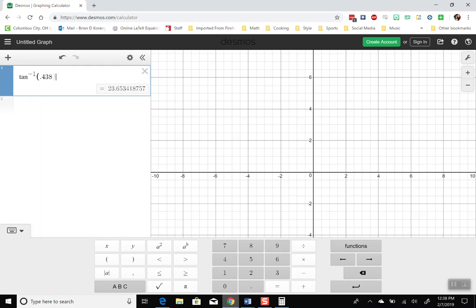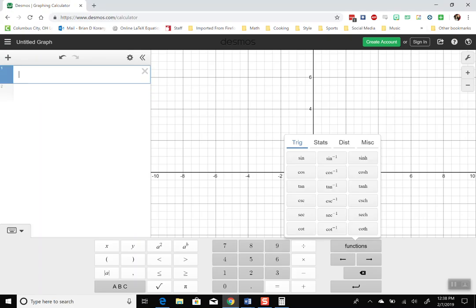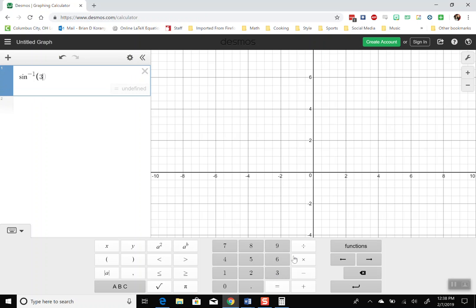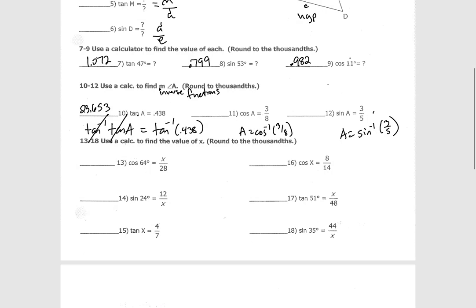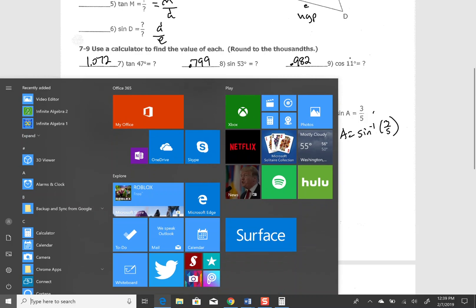Plug it in on the calculator. Inverse sine of 3/5 gets you a 36.870 angle. And cosine of 3/8.